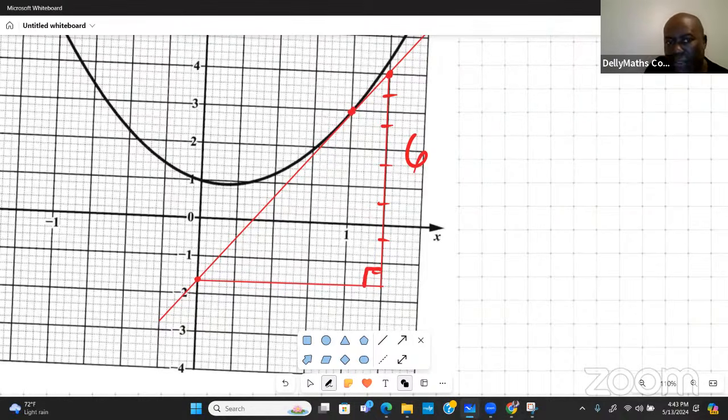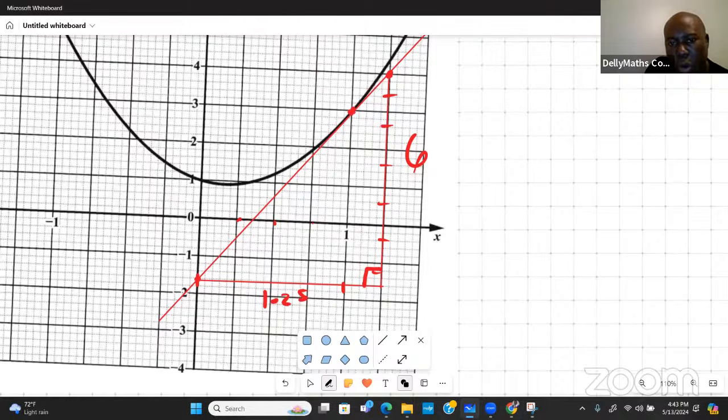Now for the run, you have to look at the scaling. From right here to right here is 1, and this is a nice spot. 0.25, 0.5, so one gap is 0.25. All of this is 1.25.